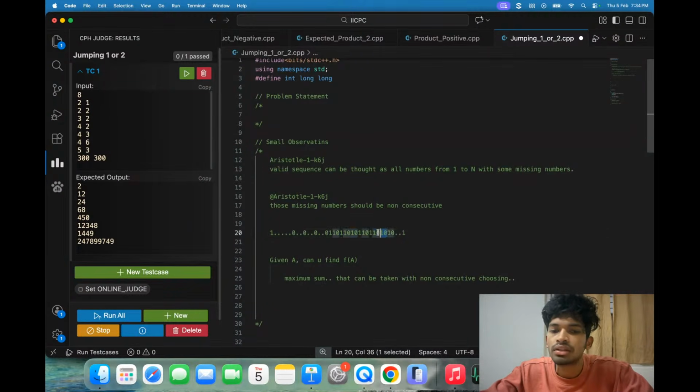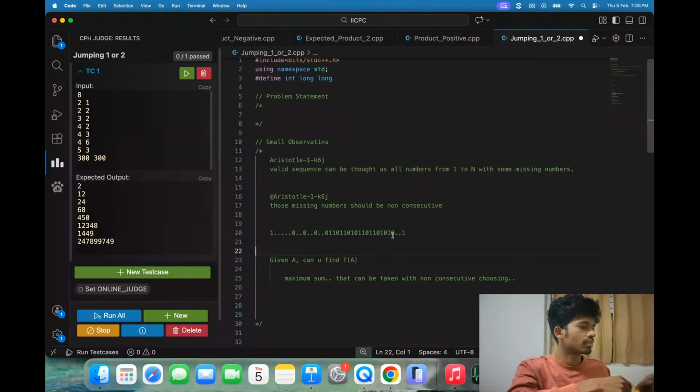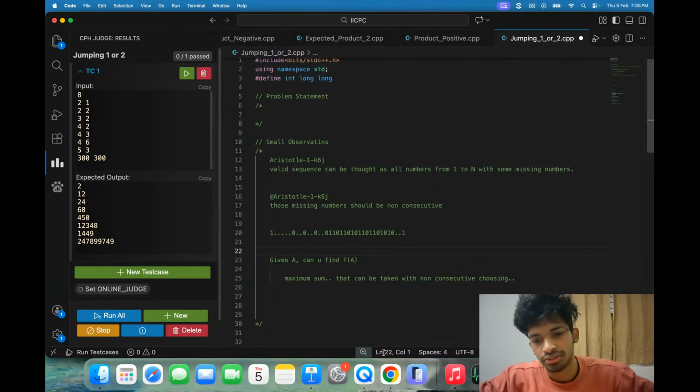You will think like till here you will find the dp, and then you will be like, okay, if I take this zero, I should not take this, and then what is the maximum that can be taken till here? You will do it like that, right? I don't know. My head is aching somehow.